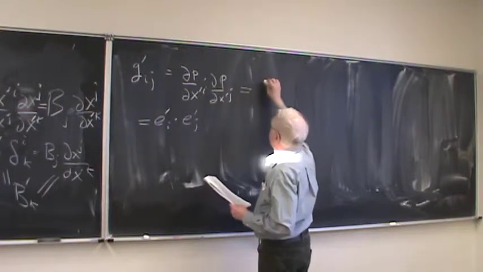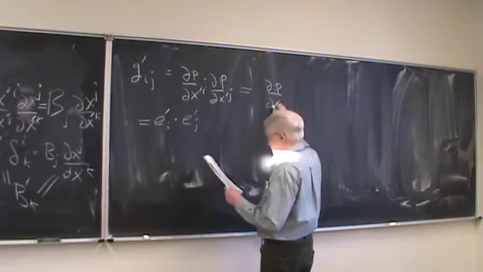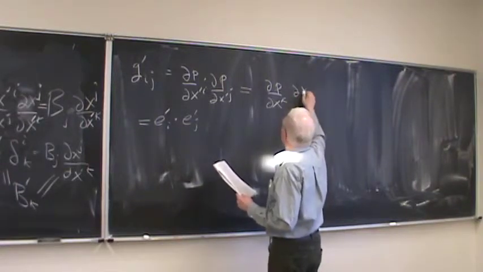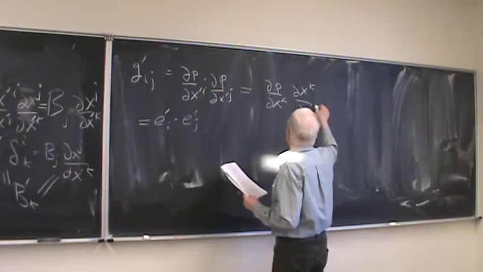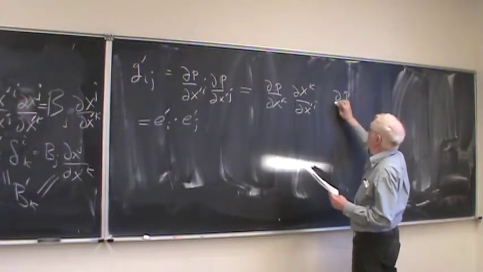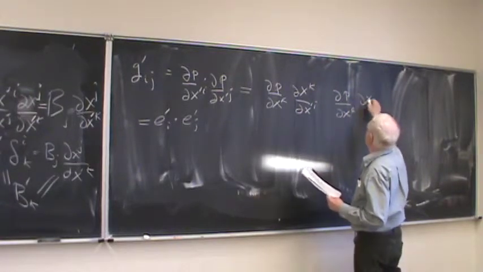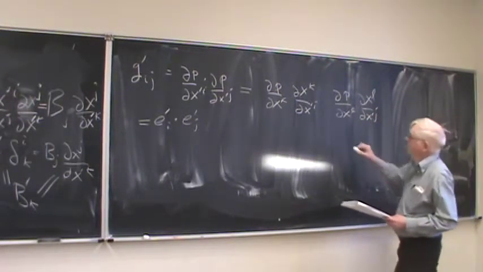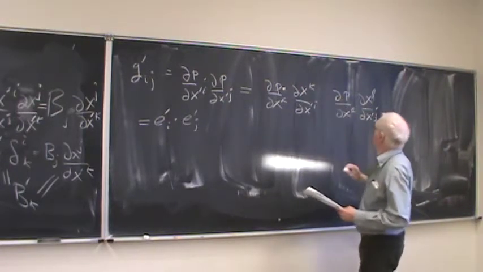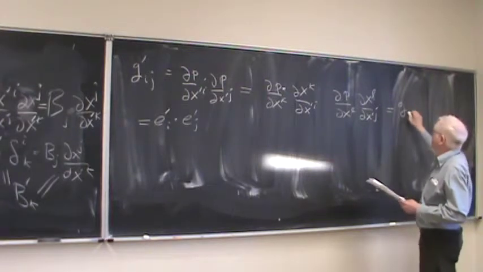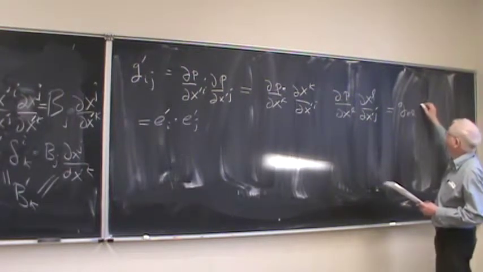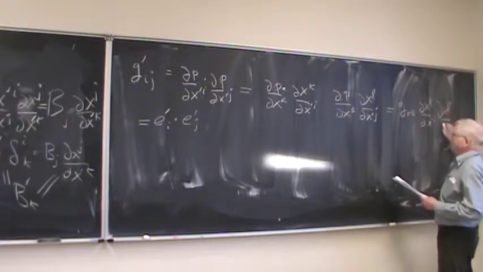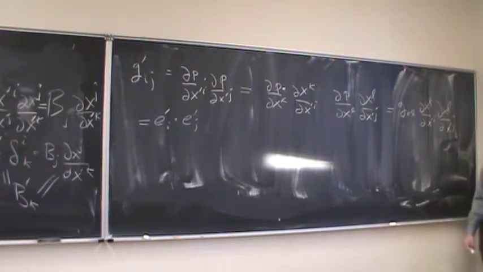This is partial p partial x k, partial x k partial x prime i, and then the other one is partial p partial x l, partial x l partial x prime j, and we still have this thing dotted into that, and so this is g kl times partial x k partial x prime i, partial x l partial x prime j. So that's how that works.